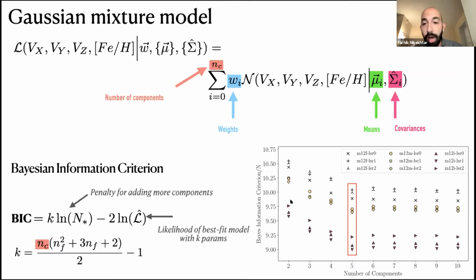When we measure this BIC for all these 9 different solar neighborhoods, we can see a clear improvement up to 5 components, and nearly no appreciable improvement after that, which is called the elbow rule.